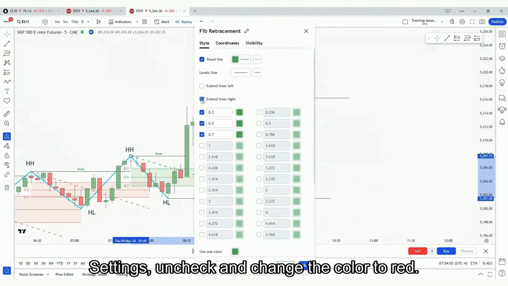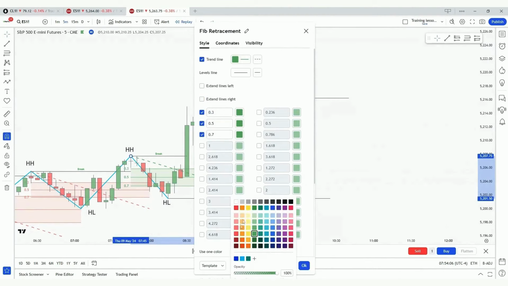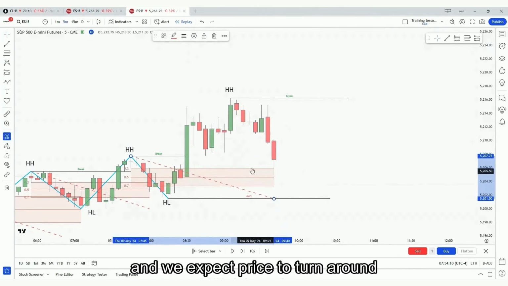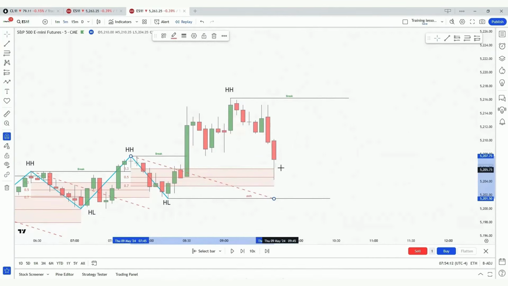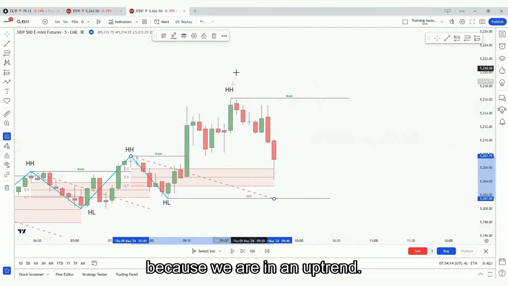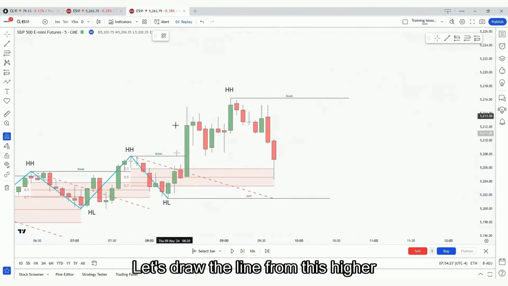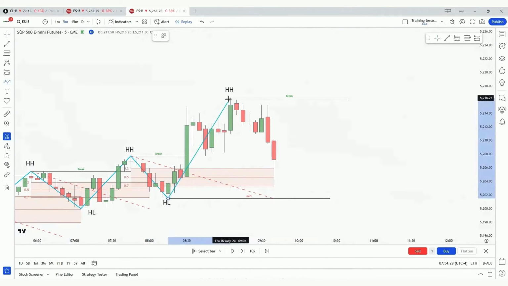Settings, uncheck and change the color to red. So this area is no longer magnetic and we expect price to turn around and close above the higher high because we are in an uptrend. Let's draw the line from this higher low to this higher high.